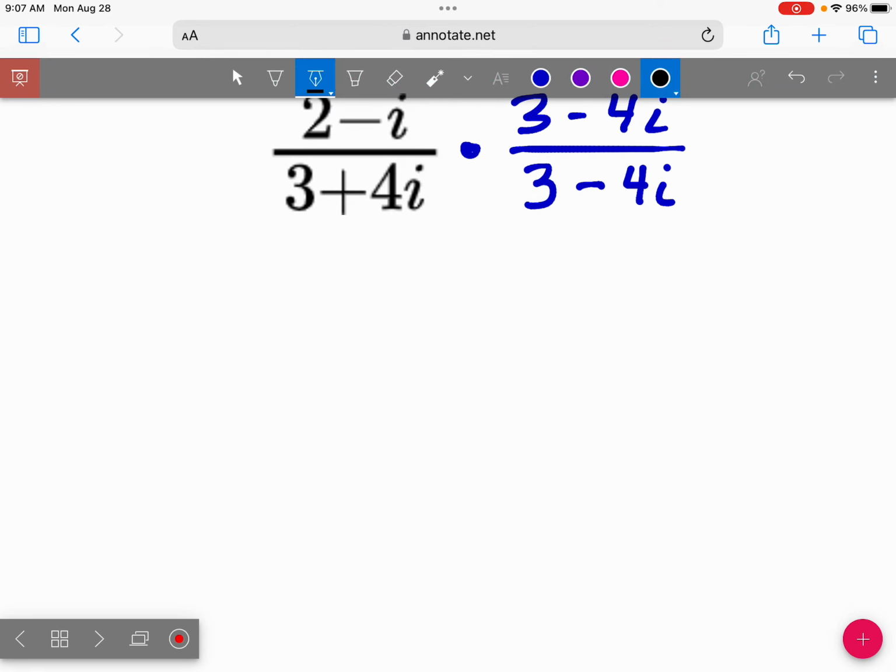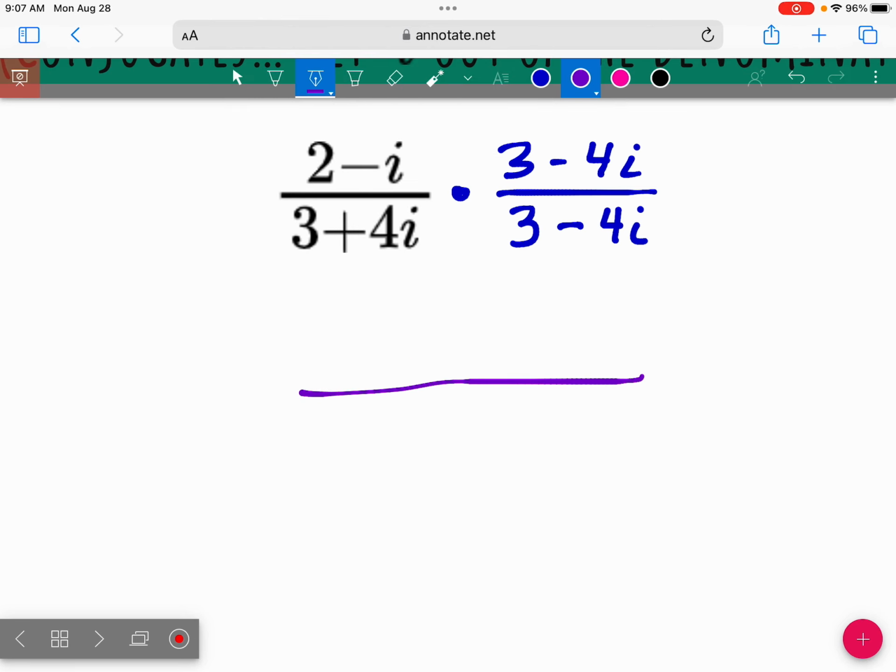We're going to need to be real careful in our numerator, because this is a multiplying binomials kind of situation, which you can do distribution-wise, or you can box it, or whatever we need to.